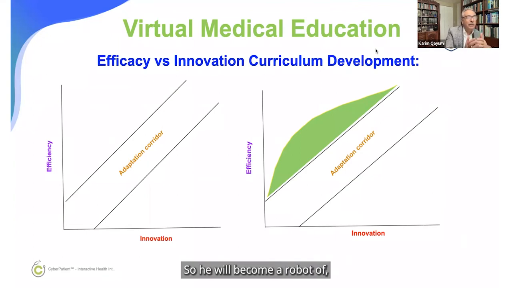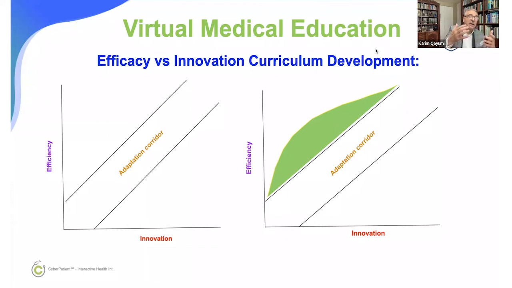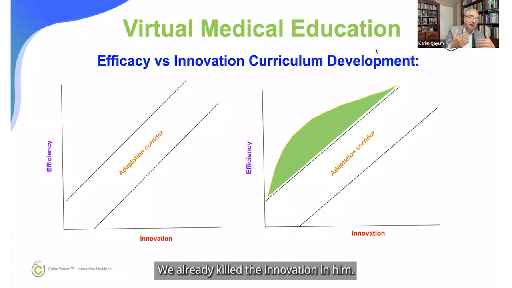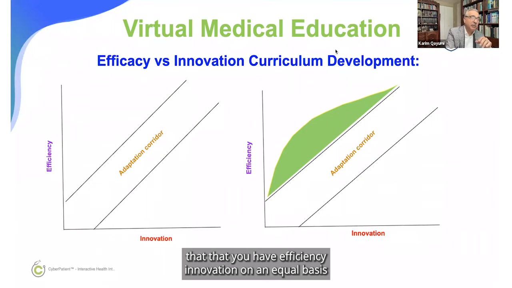He will become a robot, efficient at a specific task, but he doesn't have that when he grows up and becomes a doctor, a surgeon; we already killed the innovation in him. So it's important in curriculum development that you have efficiency and innovation on an equal basis.